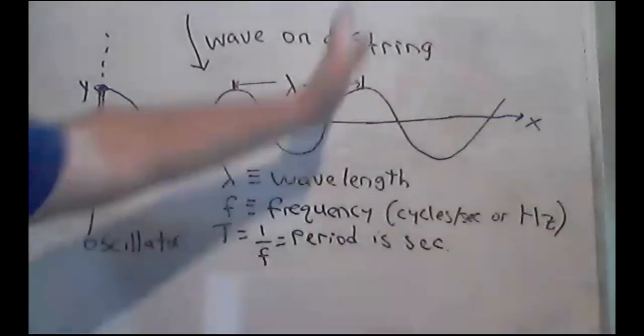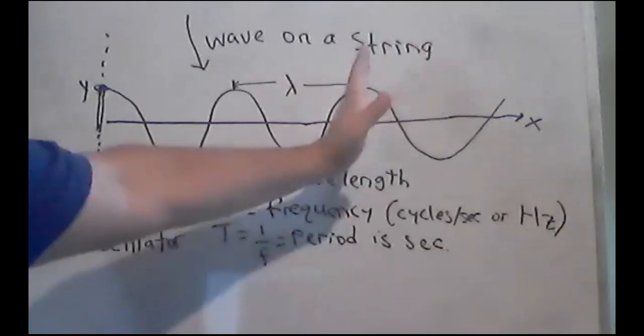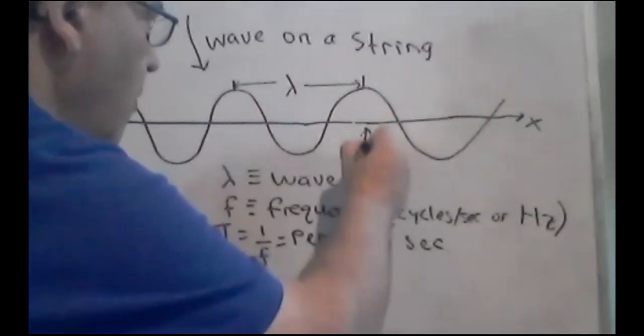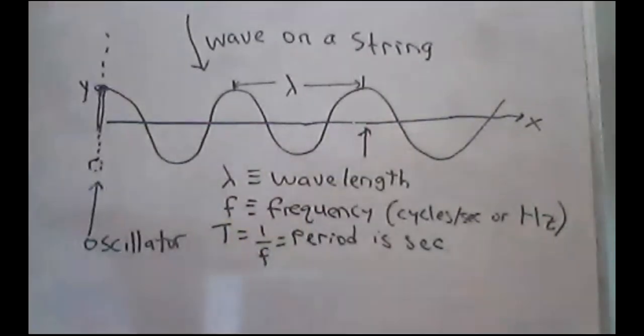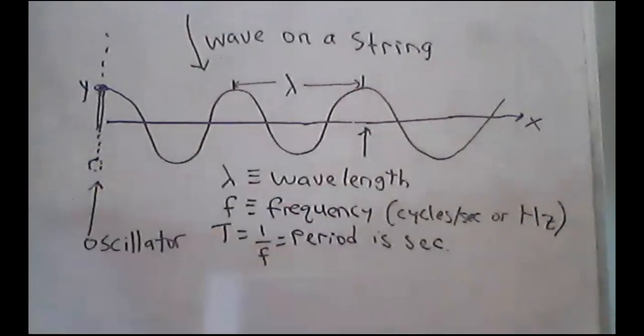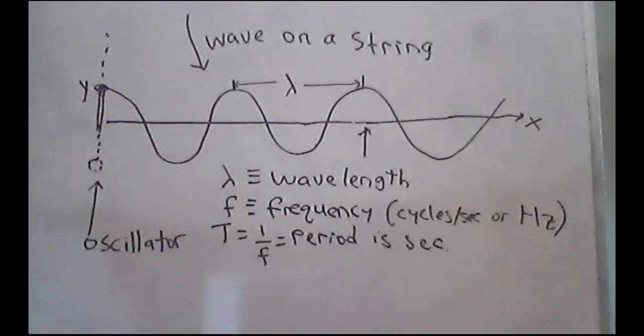If I were to imagine myself standing at some location, at this point here, I'm going to notice a crest going by, and the wavelength is the distance the wave travels until the next crest goes by. Or I could look from trough to trough, or however I want, as long as it's some distinct part of the wave, and I wait for that same distinct part of the wave to come by again and repeat itself.